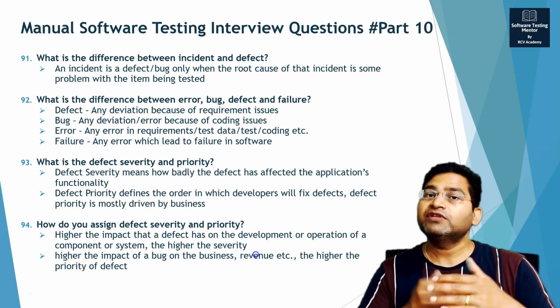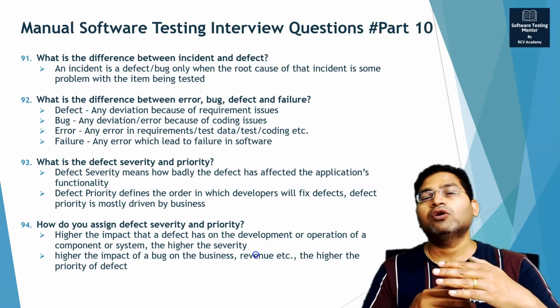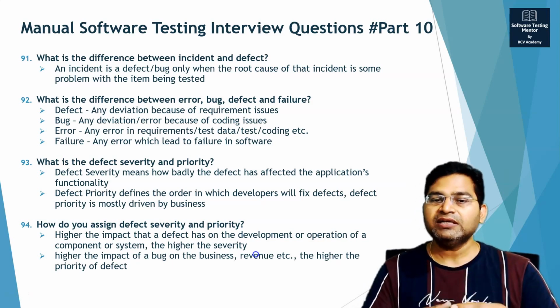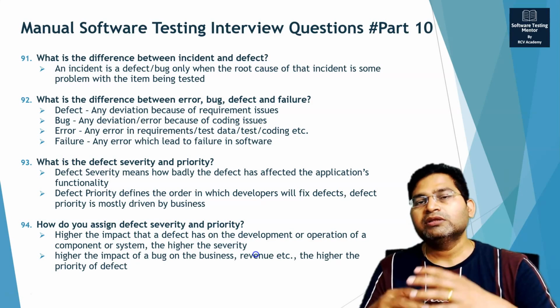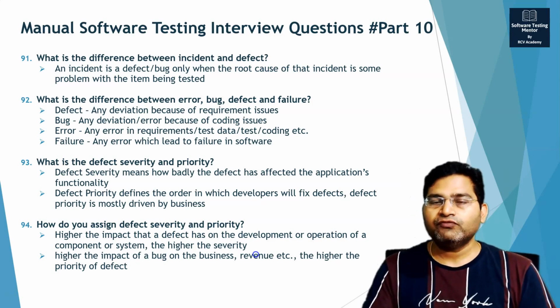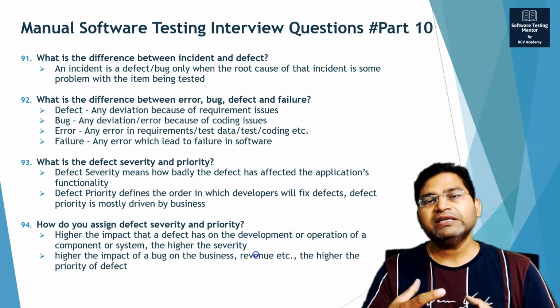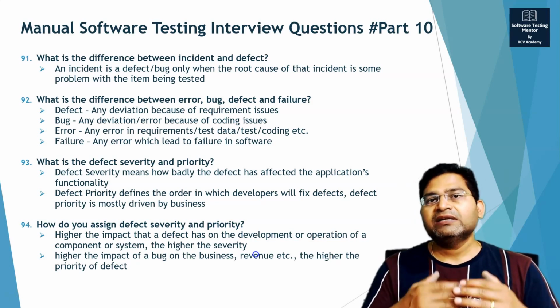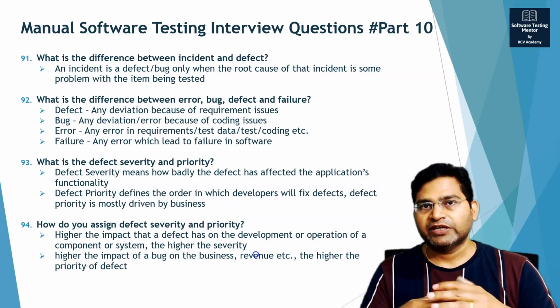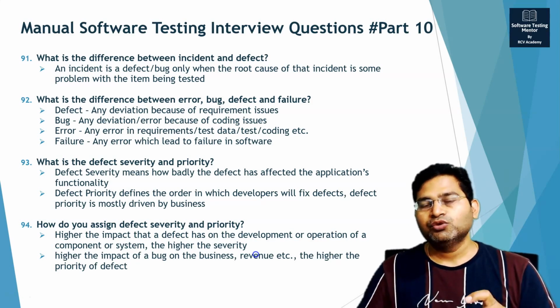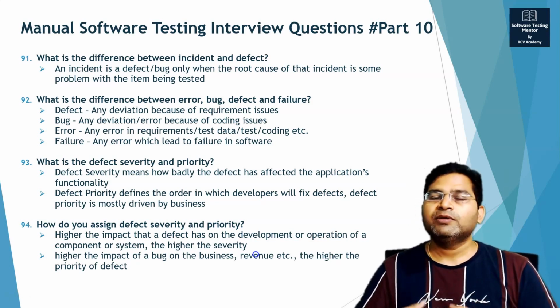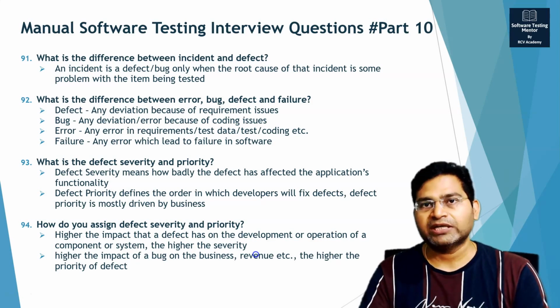The priority of this add to cart defect will also be high. That's how it is defined. Severity is the impact on the work, on the system, on the software, and priority is what business thinks, in what order this needs to be fixed. Because add to cart is blocking so many other user stories and work, it will be high priority to be fixed quickly.